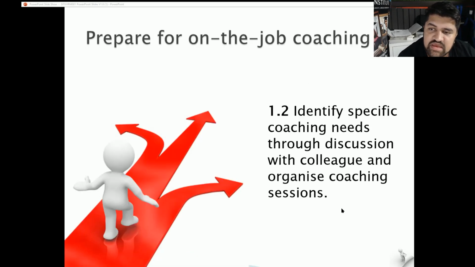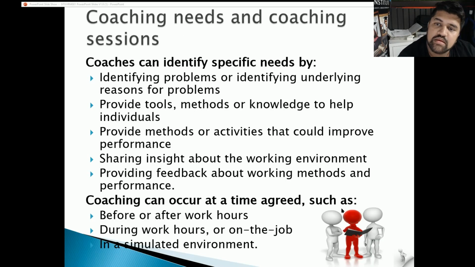Right, prepare for on-the-job coaching. 1.2. Identify specific coaching needs through discussion with colleagues and organize coaching sessions. So, coaching needs and coaching sessions.